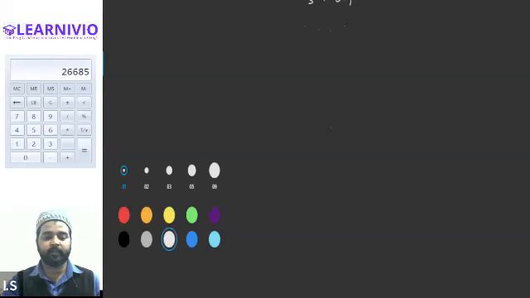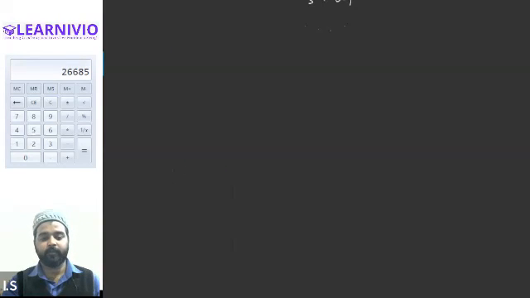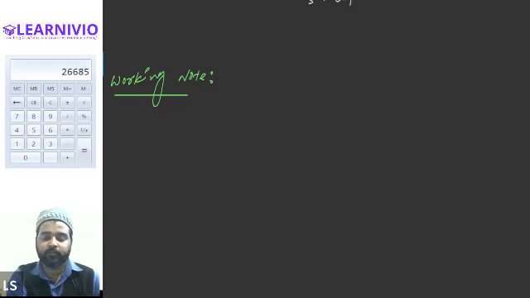We will first make a working note, which means the extra work we need to do for calculating the main question. We need to find the quartiles before we can calculate quartile deviation, so we will prepare a working note.